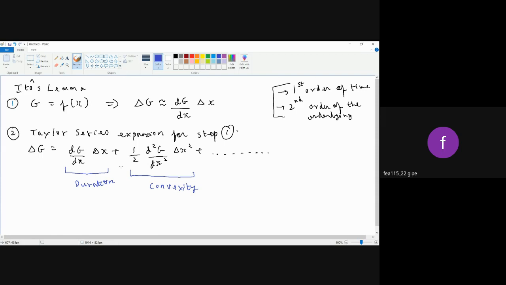Can you visualize this? Does this look similar to what we have discussed some time back? These are generic variables, but if you just replace g by p and x by y, we have dp by dy into delta y plus 1 by 2 d2p by dy square, etc. So can I say that the first term is something similar to duration and the second term is something similar to convexity? Would that be a right way of putting it?